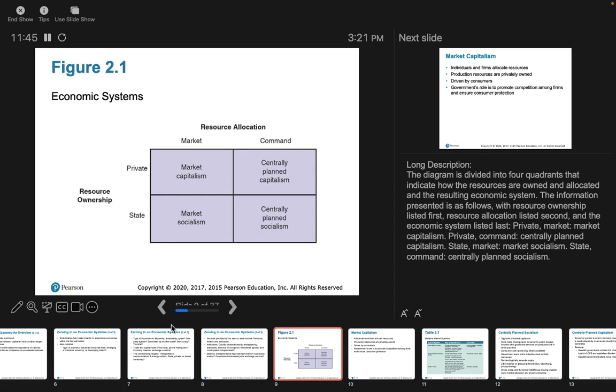So, in most countries, the resource allocation and resource ownership is dominated by the private sector more than the state.